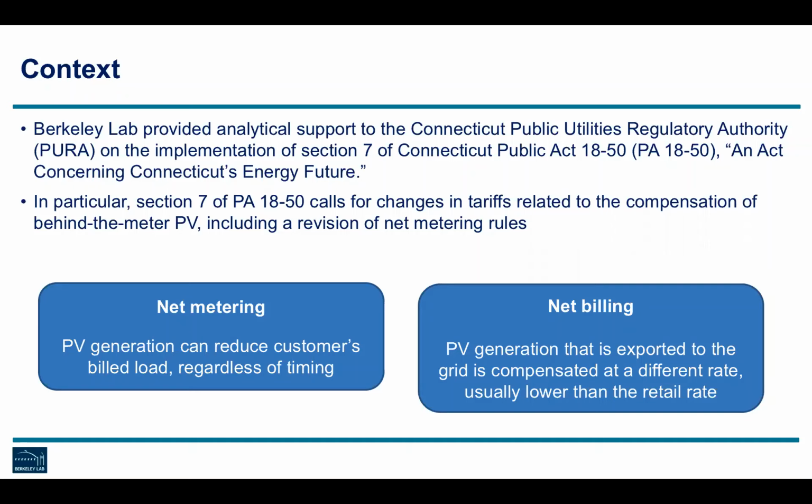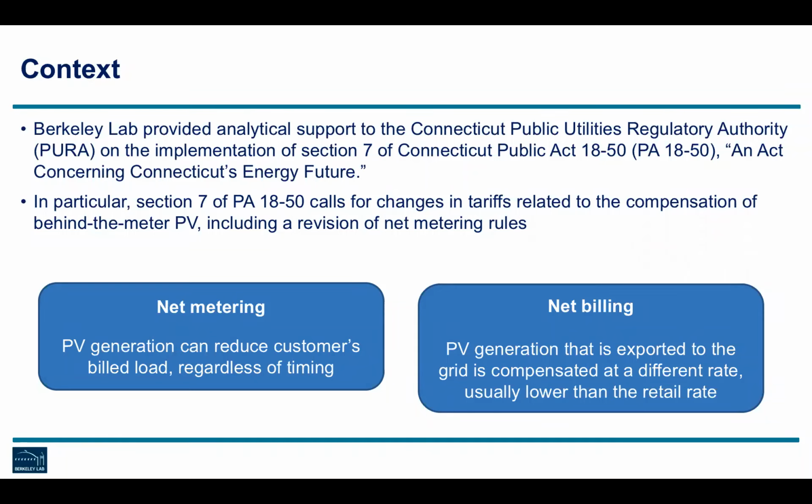As you may know, net metering is being revised, or at least looked at, in actually a majority of states in the US. And here, there were particular elements of net metering that were called to change. Just to remind you, net metering allows all PV generation to reduce a customer's billed load, regardless of the timing of that generation within the month.